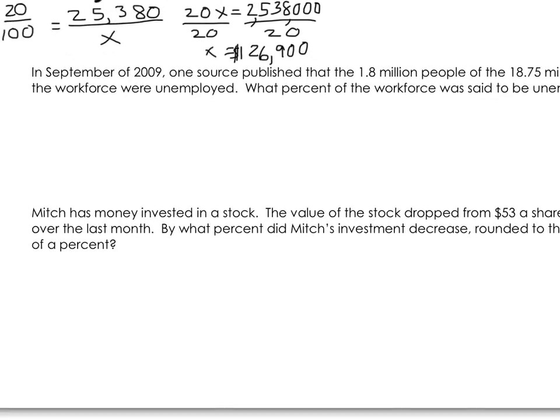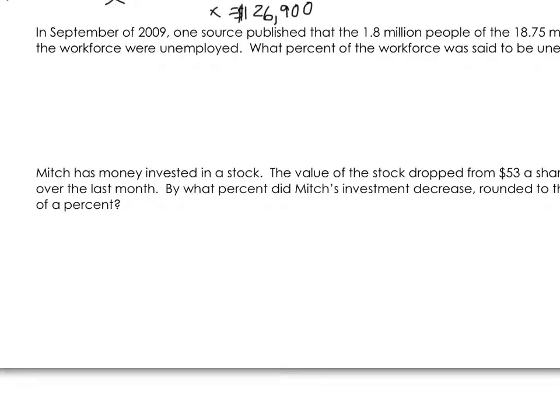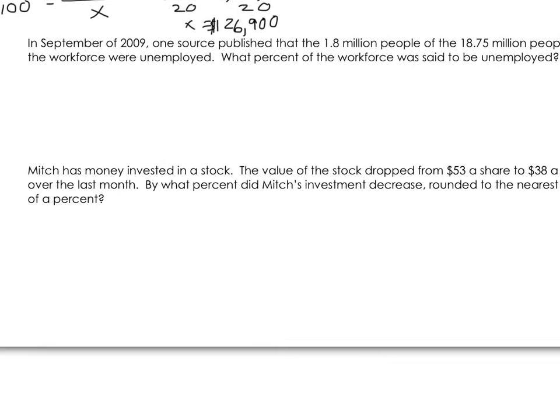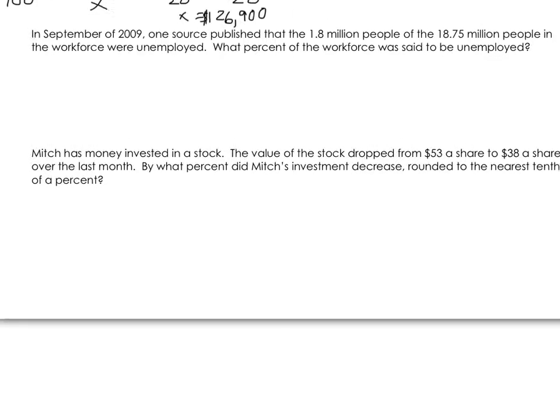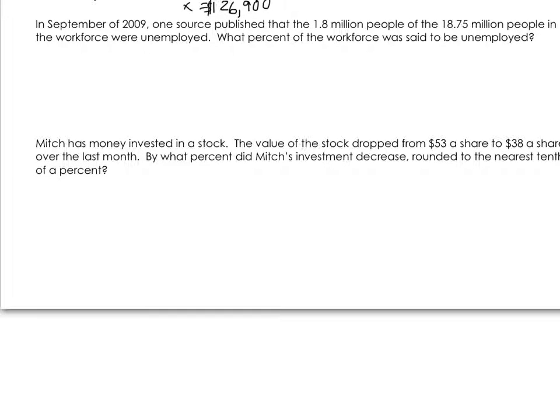In September of 2009, one source published that 1.8 million people of the 18.75 million people in the workforce were unemployed. What percent of the workforce was said to be unemployed? So, we don't know the percent. That's what we're looking for. We need the is number and the of number.